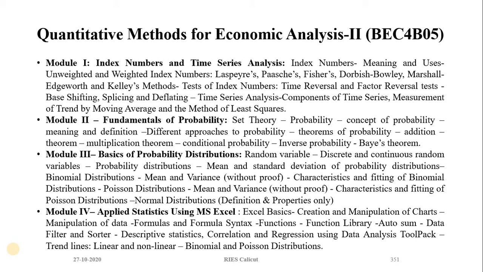It is a very simple but powerful chapter, and it is the basis of further statistical analysis. If you want to learn statistics or econometrics, probability will be the fundamental basis of mathematical statistics.